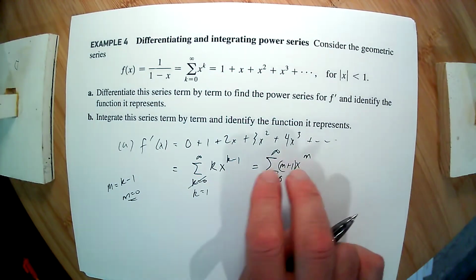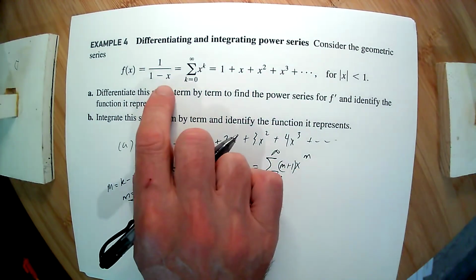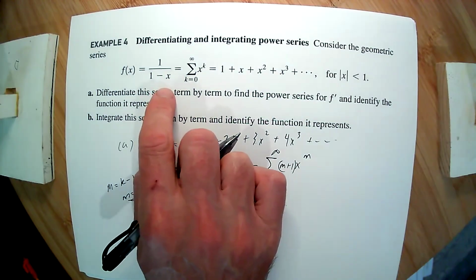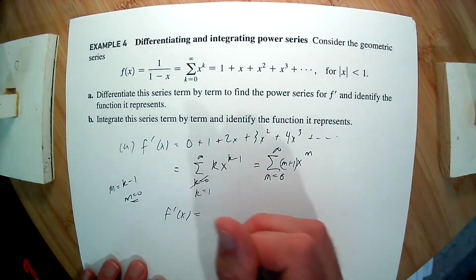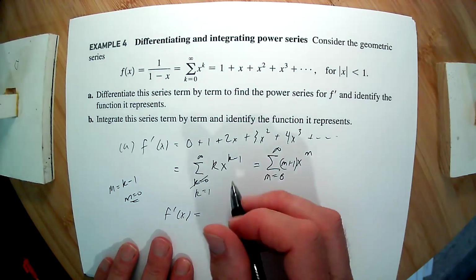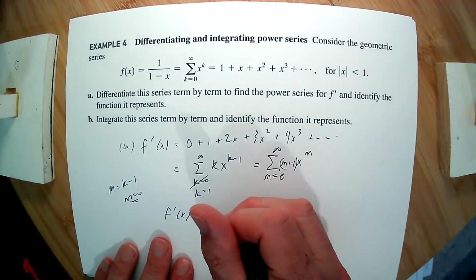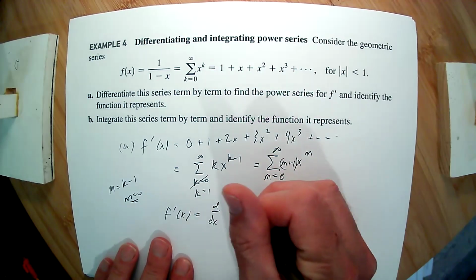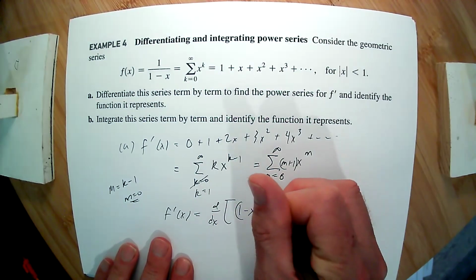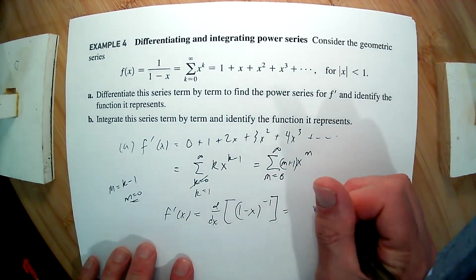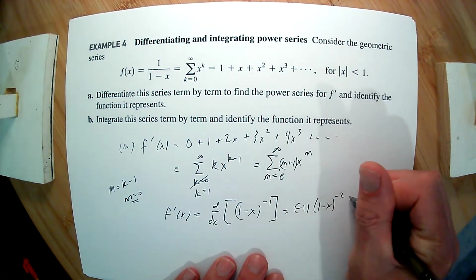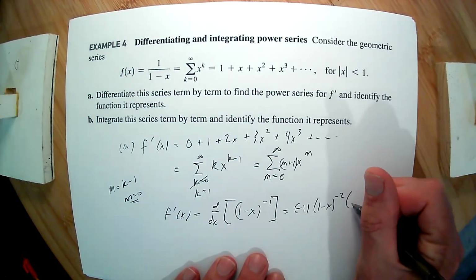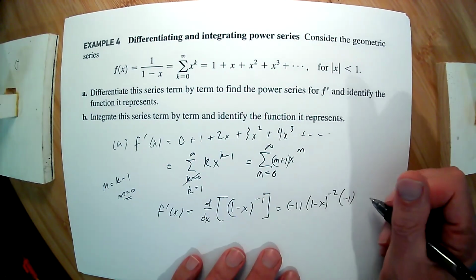Now, how do I know what this actually represents? Well, I can use what I started with to help me understand that. So what is f prime? f prime of x is d dx of 1 minus x to the negative 1 power, right? So it's going to be negative 1 times 1 minus x to the minus 2 times the derivative of the inside piece, which is another negative 1 factor, okay?